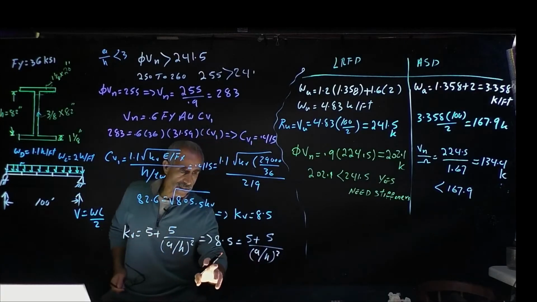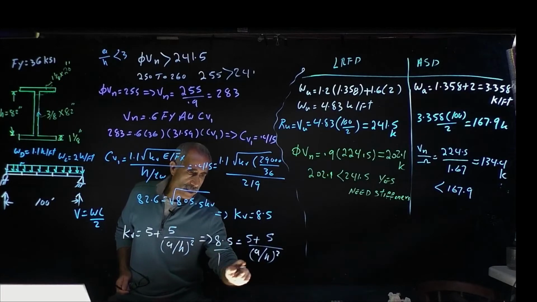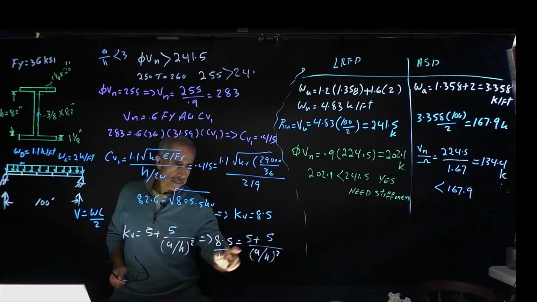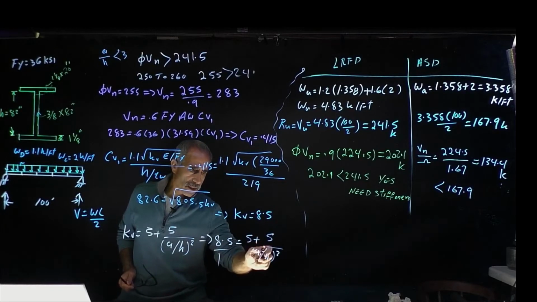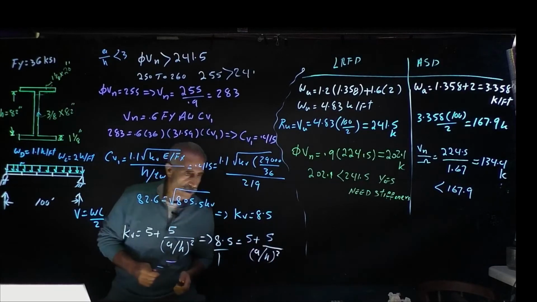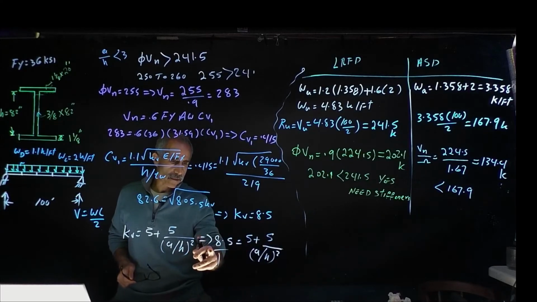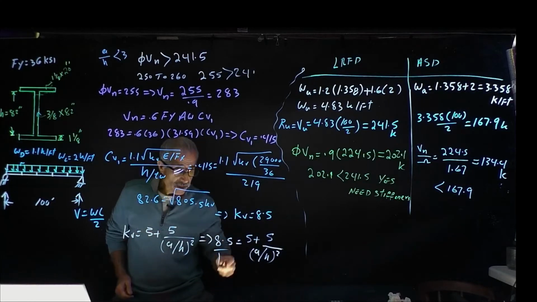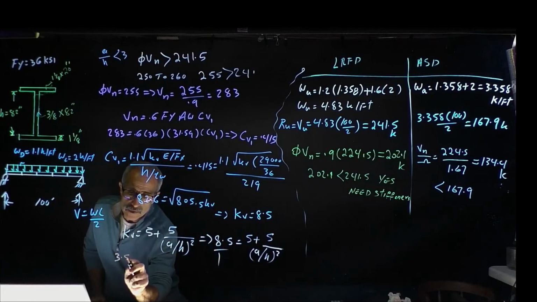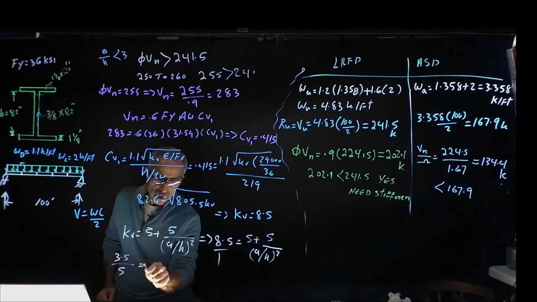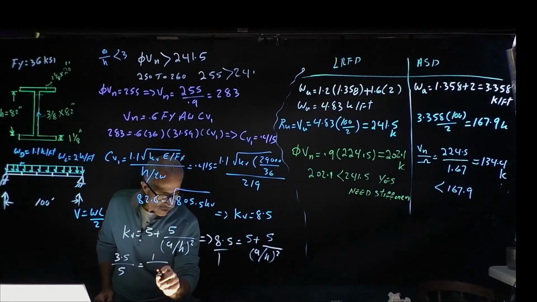If we simplify this, put 1 here and make a cross multiplication, got to be careful, this 5 is right here. If we make a cross multiplication, bring 5 over here, they become 3.5. So I get 3.5 divided by 5. And then I will have 1 over a over h squared.